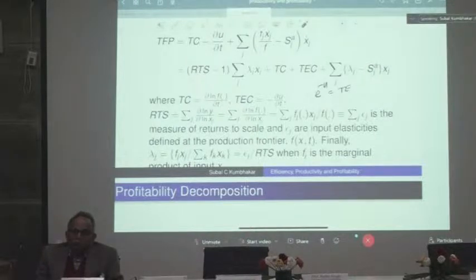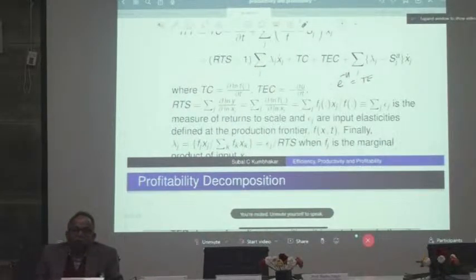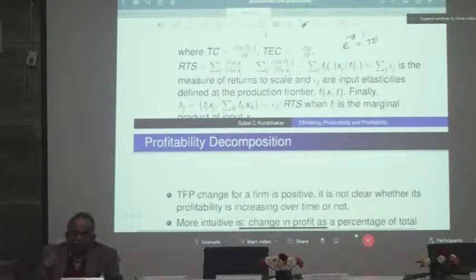So what we need to do, and I'll be doing it after the break, is get from TFP dot to profit, because profit is much better to explain what is happening to any individual.